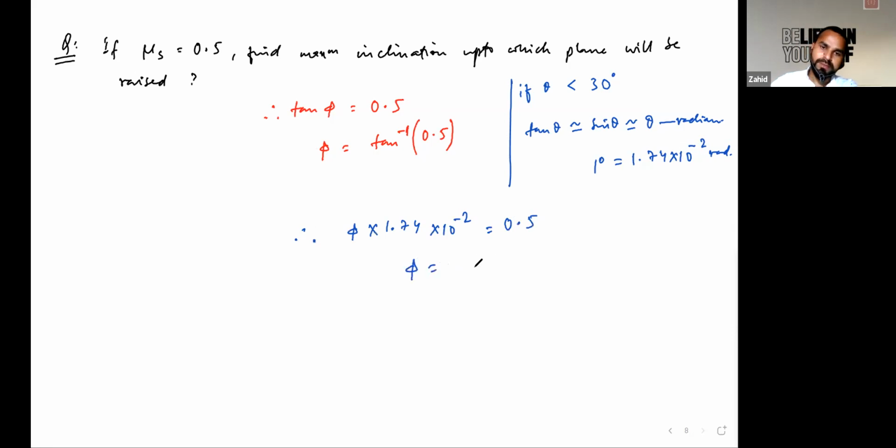Now, if you calculate this term, it will be 0.5 divided by 1.7 into 10 raised to minus 2. The decimal points cancel out, so it will be 5 divided by 17 into 100.